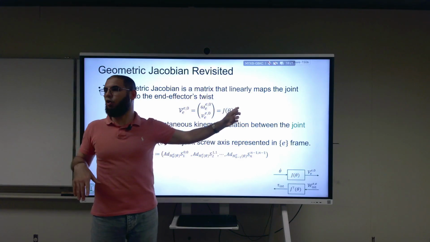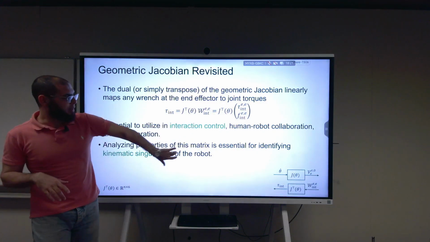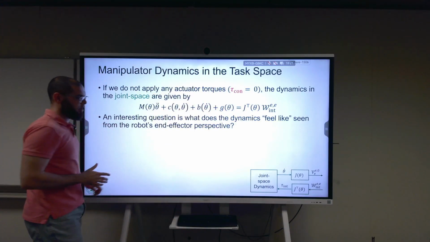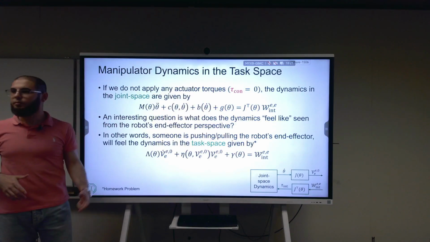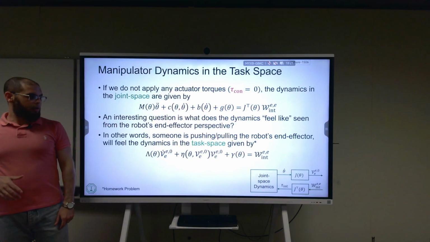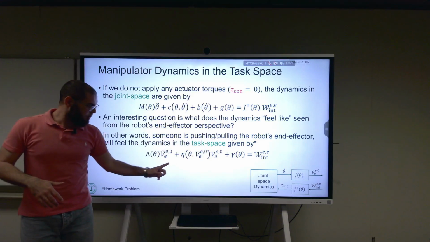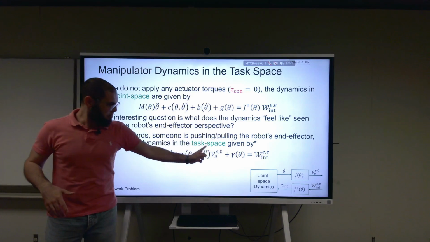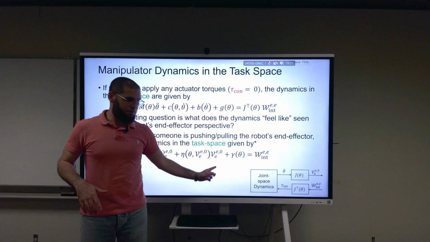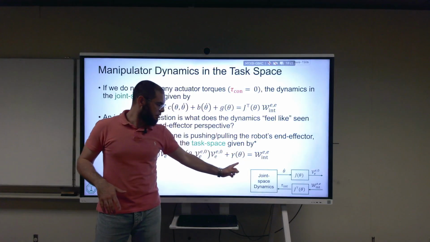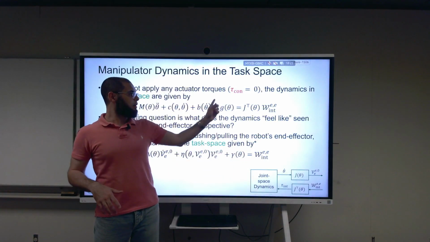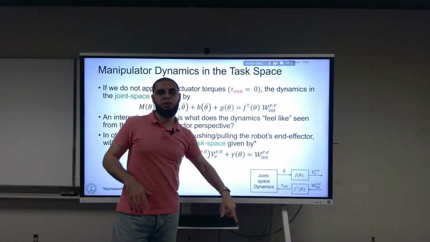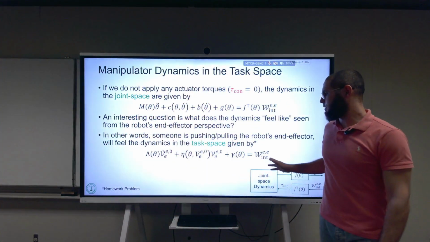You're going to have this in the homework, but eventually you're going to find that I can rewrite the whole equation into something that looks like this: something multiplied by V dot, the twist dot, plus something multiplied by V, plus something that corresponds to the gravity torques, and in the end the wrench interaction at the end effector as it is.